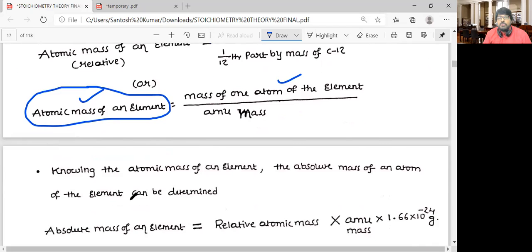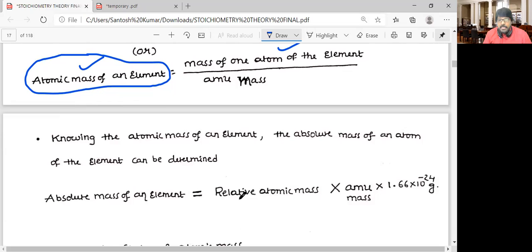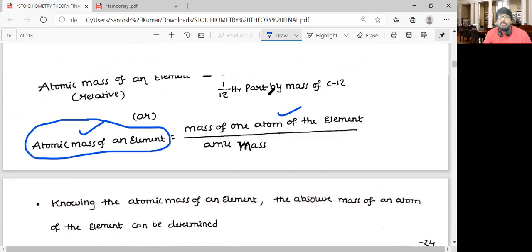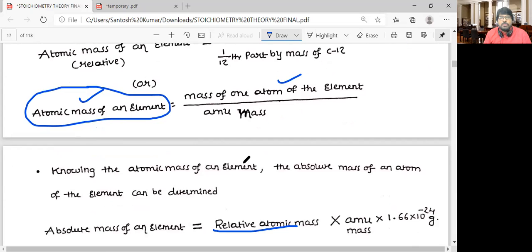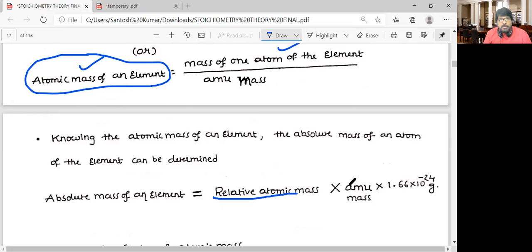So absolute mass is equal to relative mass into 1/12 part of C12 isotope. What does it mean? 1/12 part of C12 isotope is nothing but AMU. And AMU mass is converted into grams, 1.66 into 10 power minus 24 grams.